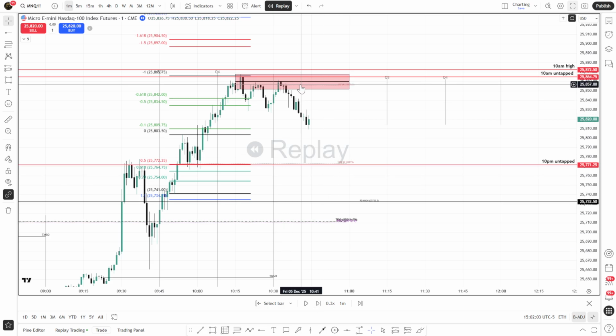We have a 1034 root candle, a time area, that is within that order block.